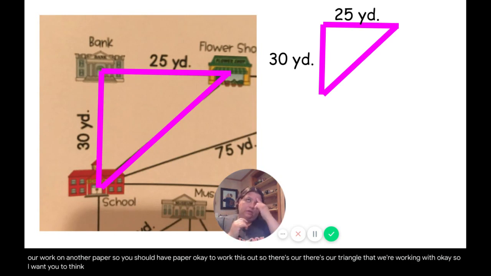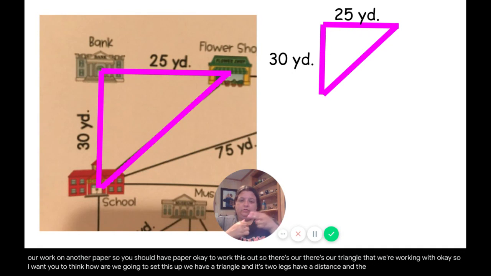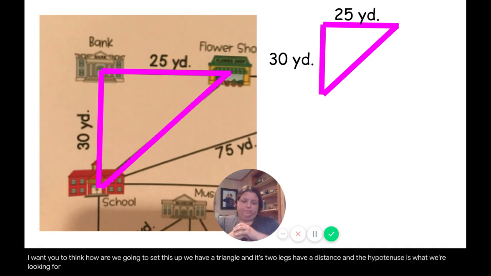So I want you to think, how are we going to set this up? We have a triangle, and its two legs have a distance, and the hypotenuse is what we're looking for. Okay? So what would be our first equation to have it set up?